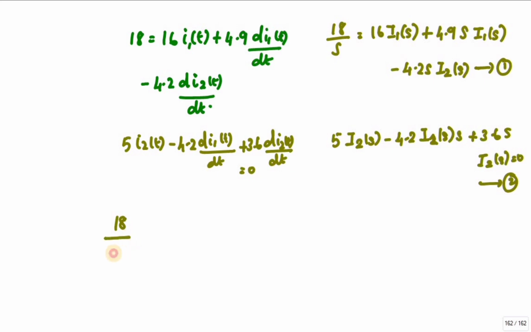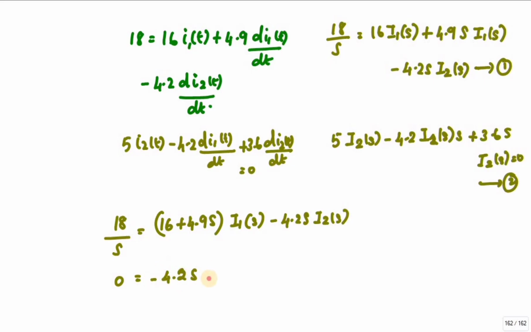Now I rearrange the equations. 18 by s is equal to (16 plus 4.9 s) I1 of s minus 4.2 s I2 of s. The second equation I can write as 0 equals 4.2 s I1 of s plus (5 plus 3.6 s) I2 of s.